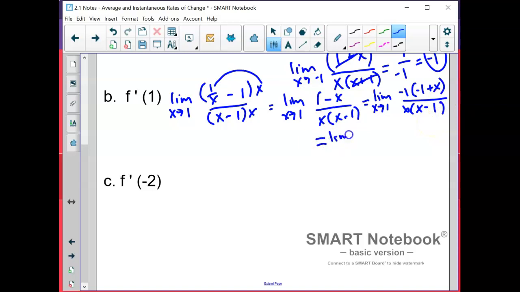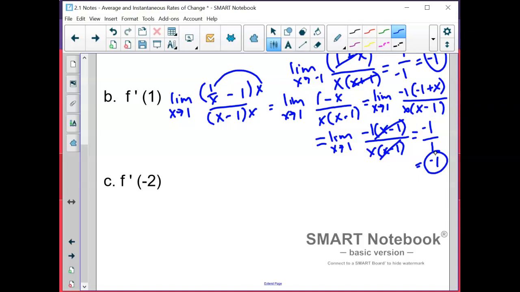I'm showing every little step here. You might could skip this one right here. So I'd have negative x minus 1 over x times x minus 1. And so my x minus 1s will cancel here. And then I'm going to plug in my 1. That's going to be a negative 1 in the numerator over a positive 1. And I still get negative 1 for the answer for that one.